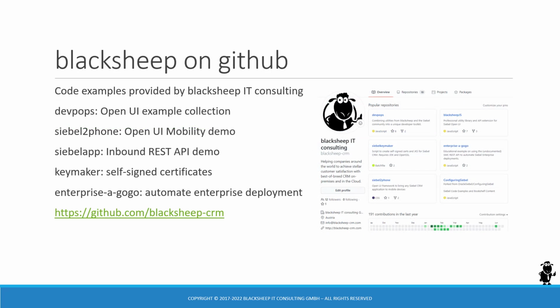And also on GitHub, you find the blacksheep CRM GitHub repositories, which include educational code mostly for Siebel OpenUI, such as DevPops, Siebel to Phone, Siebel App, the KeyMaker, or Enterprise A GoGo.